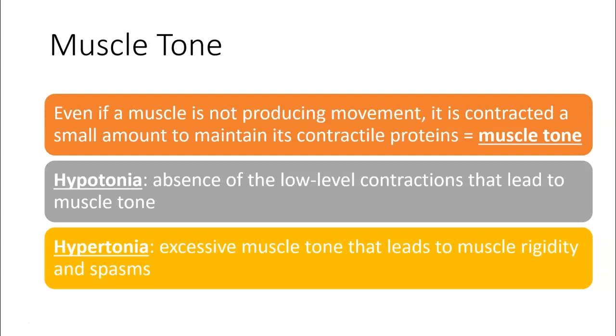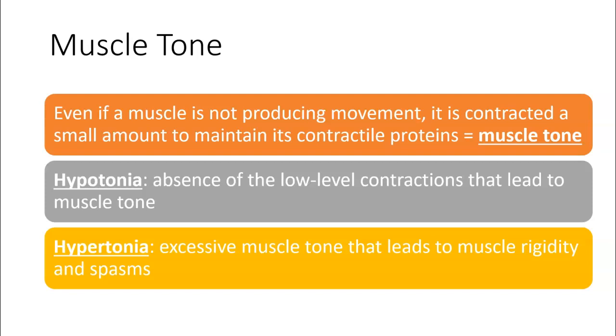Hypotonic muscles are going to have a very flaccid or weak appearance and display functional impairments such as very weak reflexes. Now you can have the opposite of that and have a very high muscle tone, which is excessive muscle tone, hypertonia, and this is going to lead to muscle rigidity and muscle spasms because these muscles are contracted more than they should be for longer.